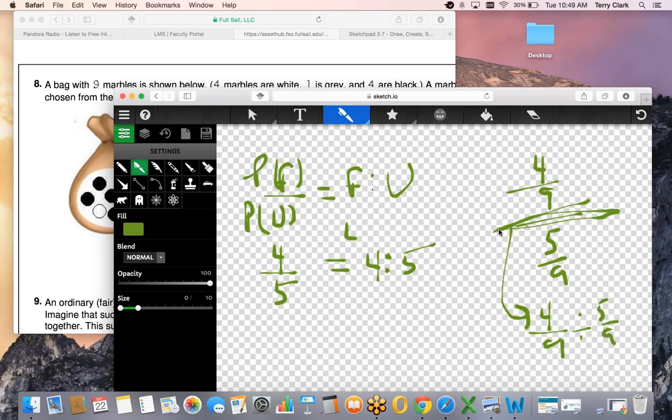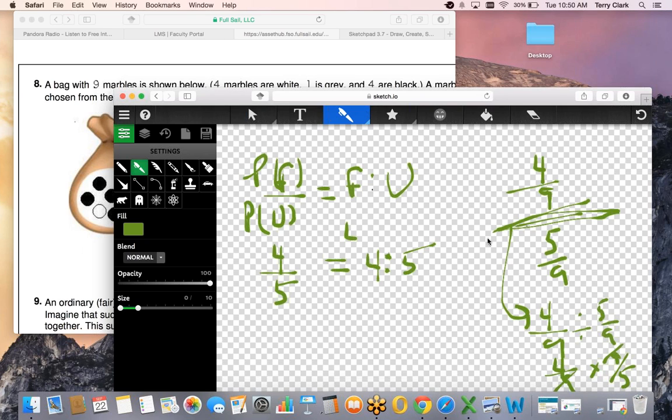Because if you do the long way and do all the math out, keep it, change it, flip it, change that to multiplication, and cross cancel, it still takes you to 4/5.